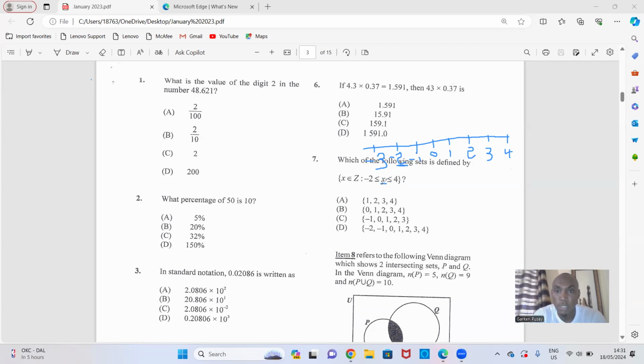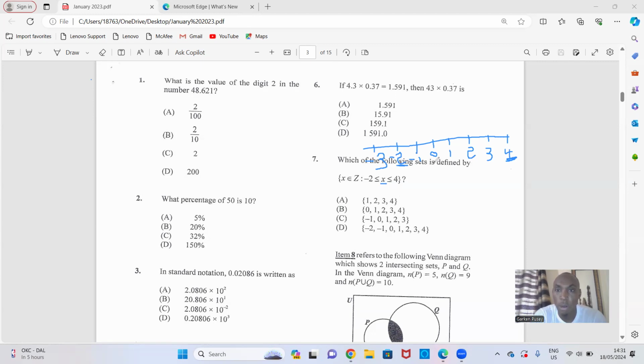But it also says that x should be what? Less than. So it is not opening up to the x now, it is pointing to the x. So we say x is less than or equal to 4. If x is less than or equal to 4, it means x can be 4. So x ranges from -2 all the way up to 4.